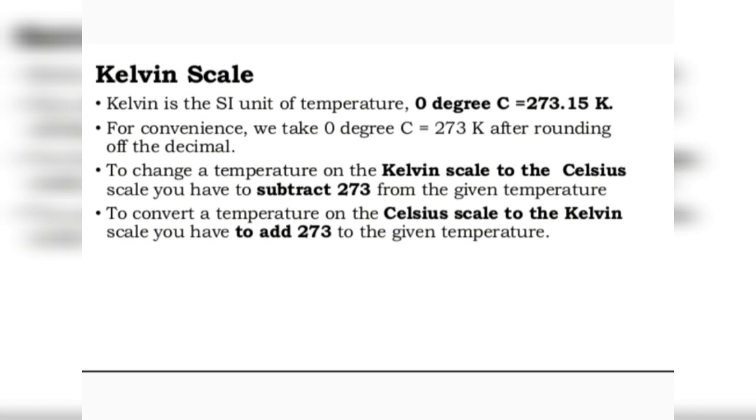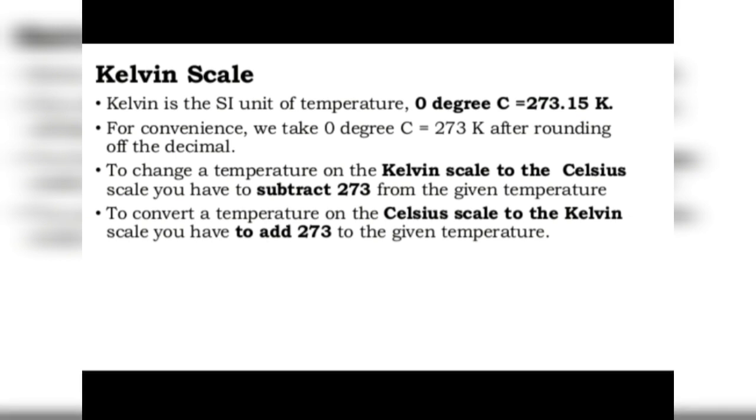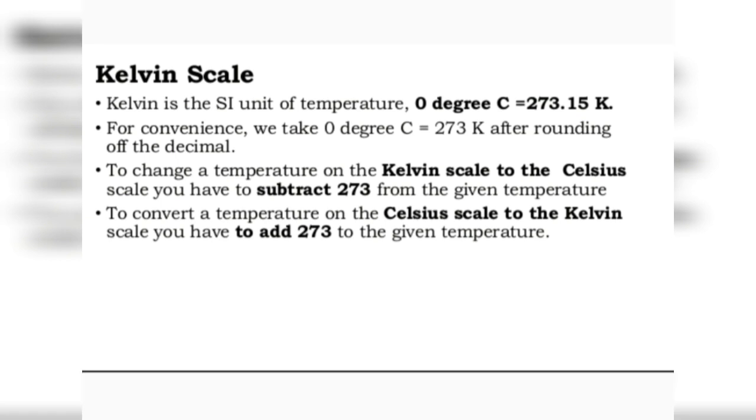Say you have to convert the temperature of 25 degrees Celsius to the Kelvin scale. You just have to add 25 to 273. So 273 plus 25, you will get 298 Kelvin.